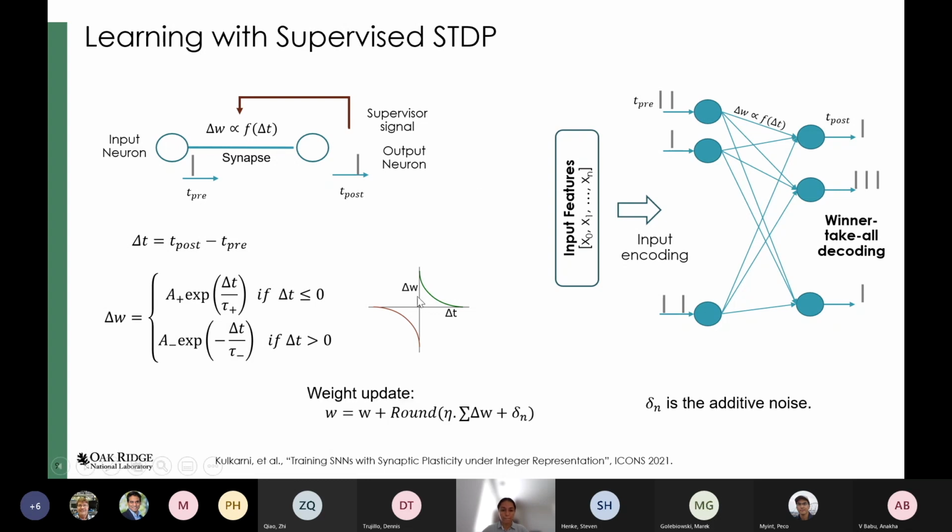Our final weight update is an accumulation of all the incremental updates for all the input samples. Additionally, we added an additive noise term, roughly about 10% of the average synaptic weight in our network.